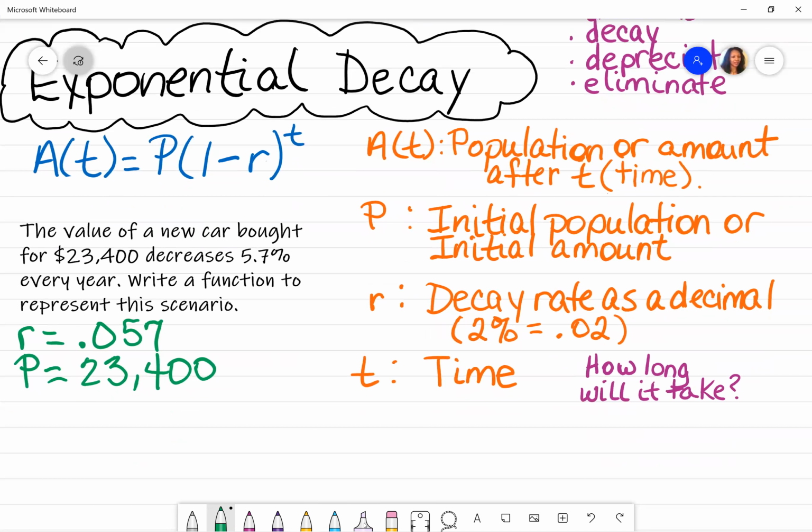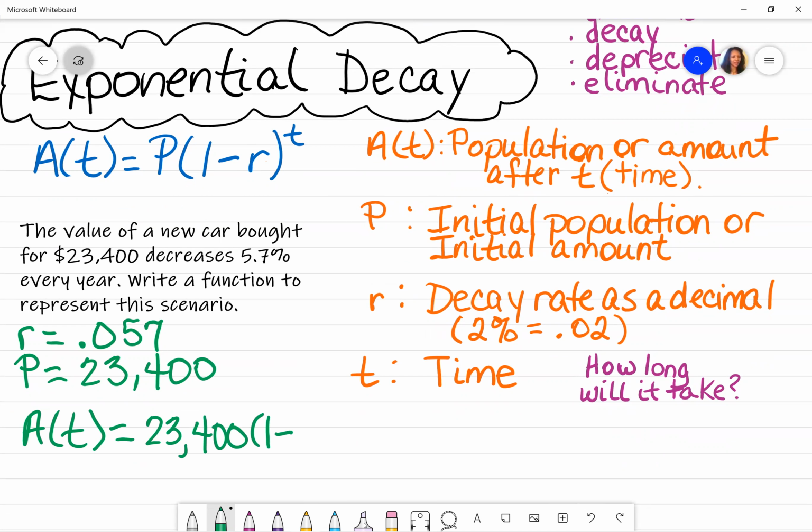So if I am writing this as a function, I would again use the information for the exponential decay, and it would be A of T is equal to, fill in what I know. I know P is 23,400. The formula tells me to use 1 minus this time. So times the quantity of 1 minus.